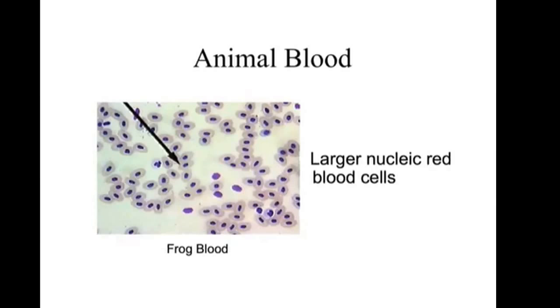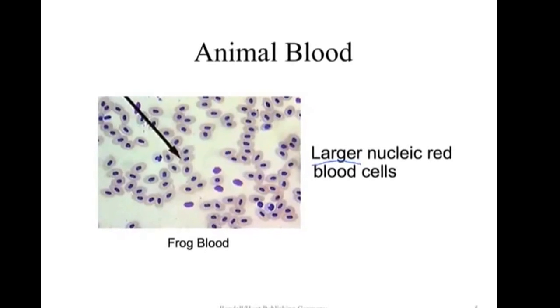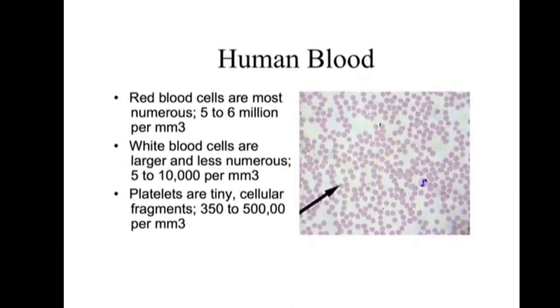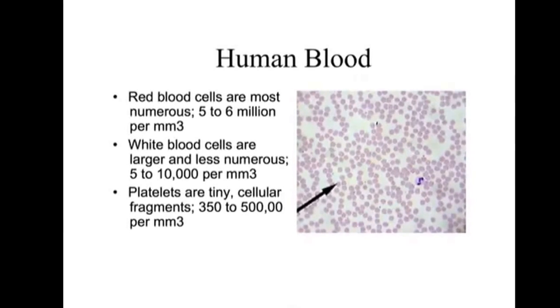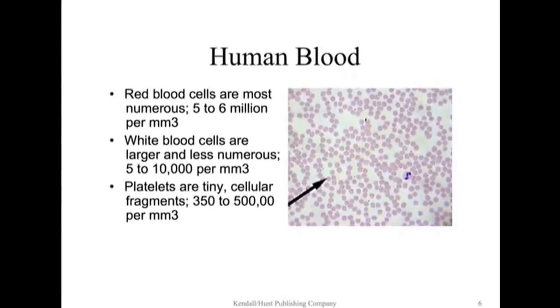So animal blood cells are going to be large blood cells. The nucleus is going to be very large in these, as opposed to human blood, which is going to be very small. The nucleus is basically invisible under the microscope. And what you'll find is a couple other unique things.